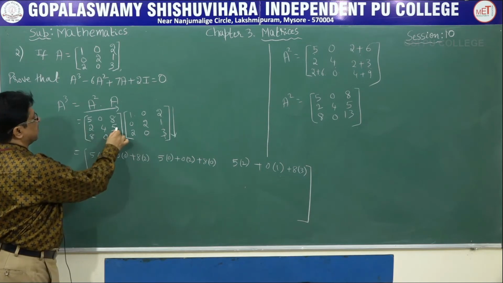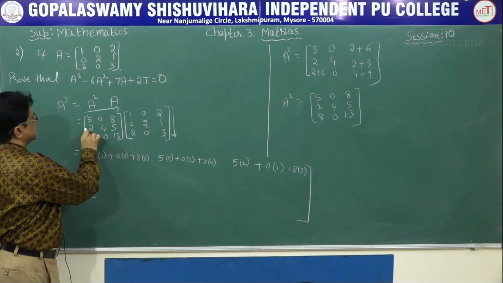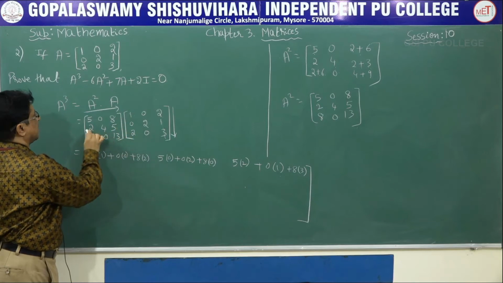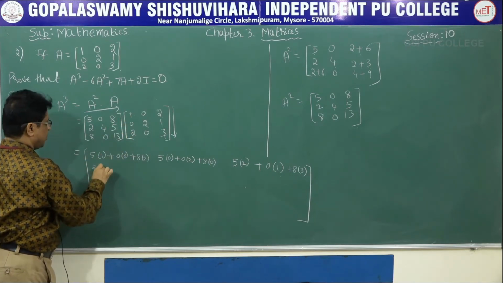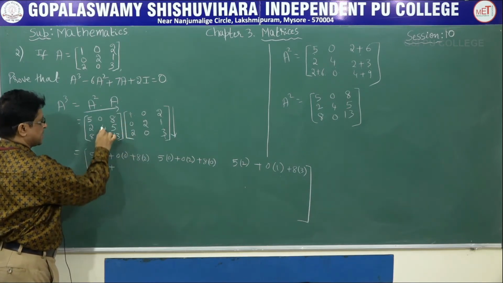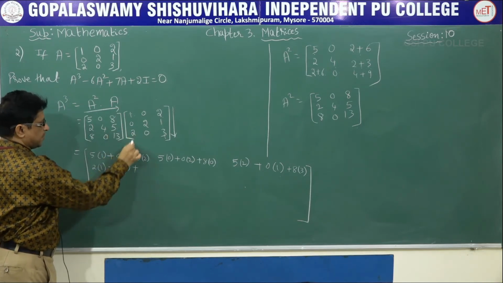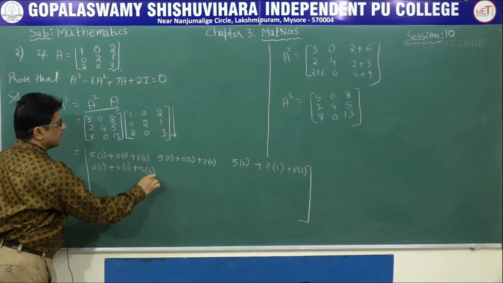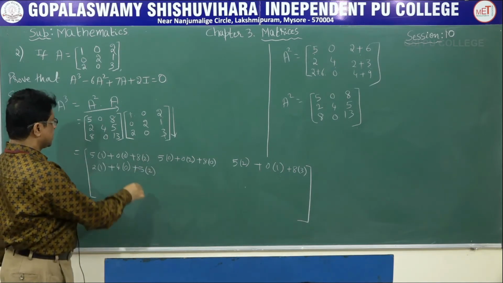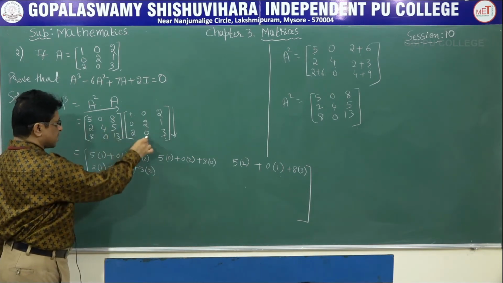Next is second row into first column. So 2 into 1 plus 4 into 0 plus 5 into 2. Next element is second row into second column.